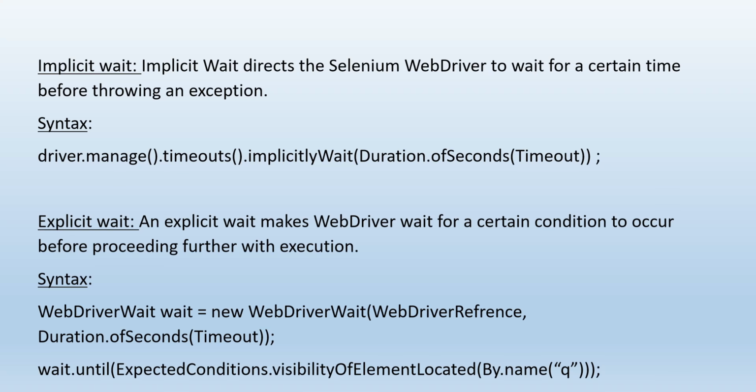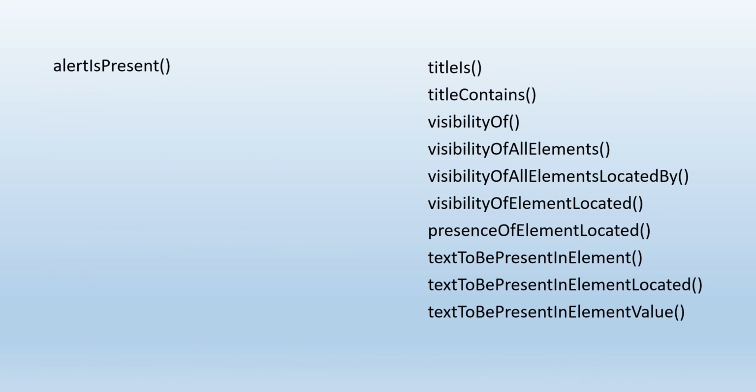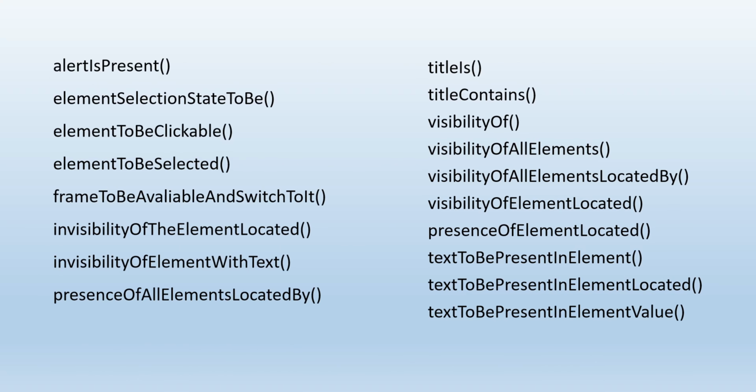I will show it in the practical. These are the conditions we use in an explicit wait: titleContains, visibilityOfAllElements, visibilityOfAllElementsLocatedBy, visibilityOfElementLocated. Depending on the condition, we can use these conditions.